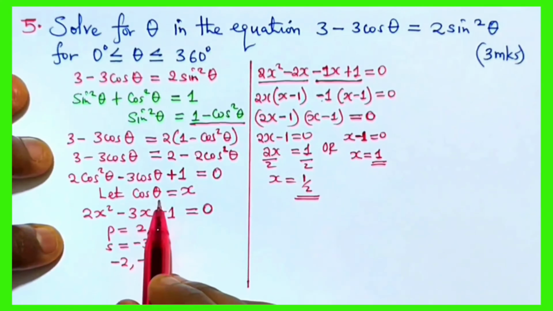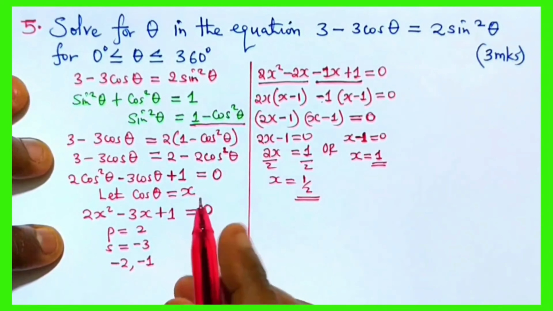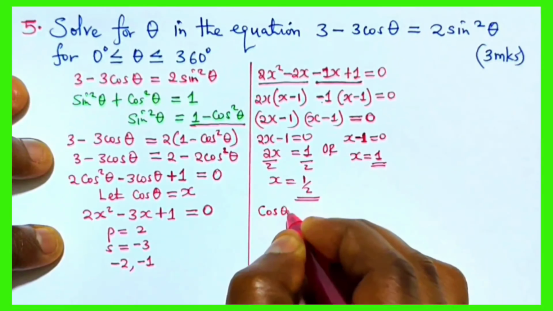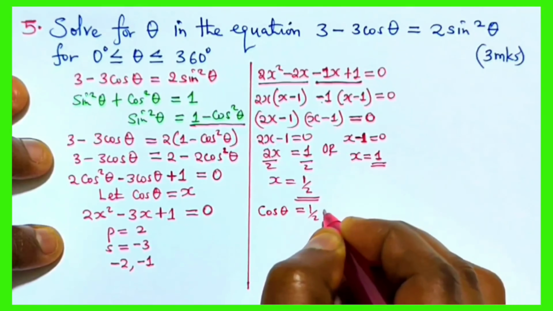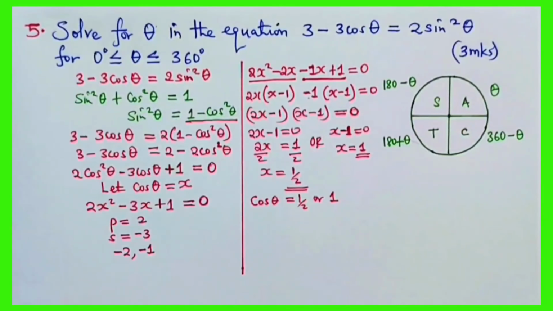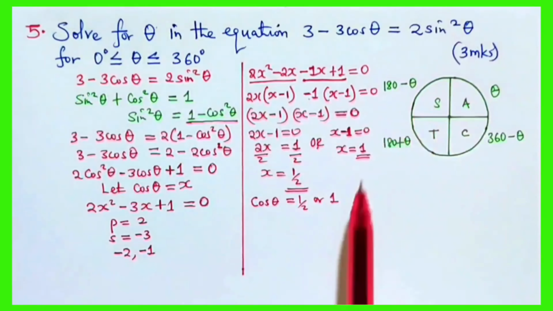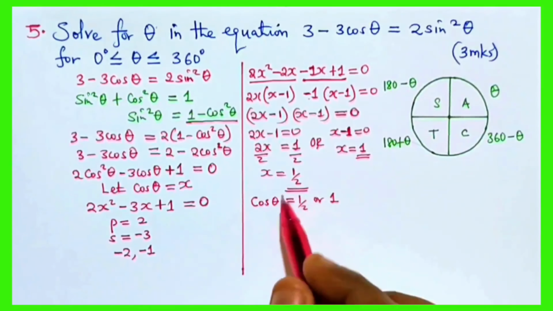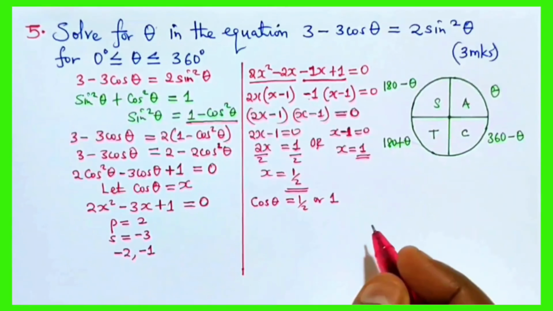We had let cos theta be equal to x. So therefore, we can say here that cos theta will be equal to a half or 1. And then, considering the unit circle, we know that the cos of theta, we are dealing with positive numbers.